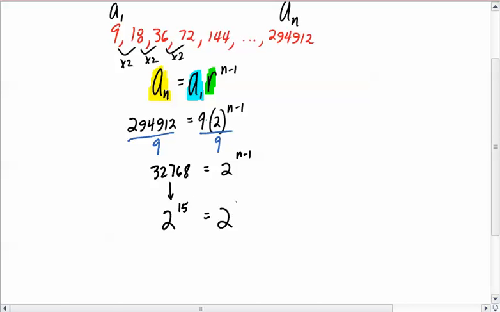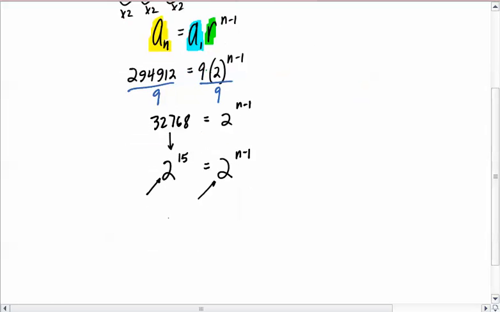So then I'm going to write that equal to 2 to the n minus 1. Well, if the bases match, intuition tells me that that has to equal this. So plus 1, n has to be 16. Okay?